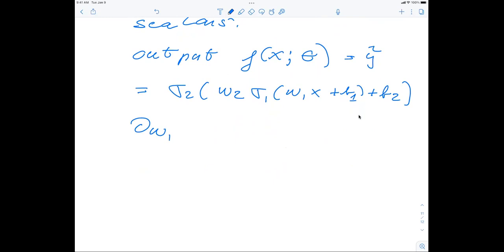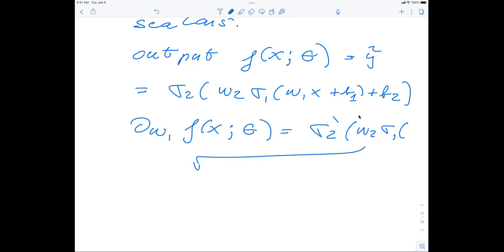So if I look at the derivative with respect to this omega 1, for instance, I'm just using the standard rules for derivatives now. I would have a W2 multiplied with a sigma 1, and I'm going to repeat this over to this line here.